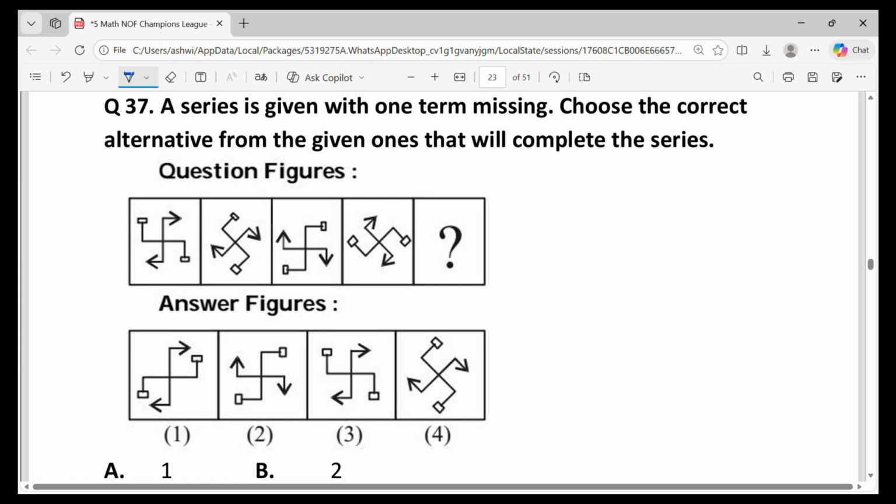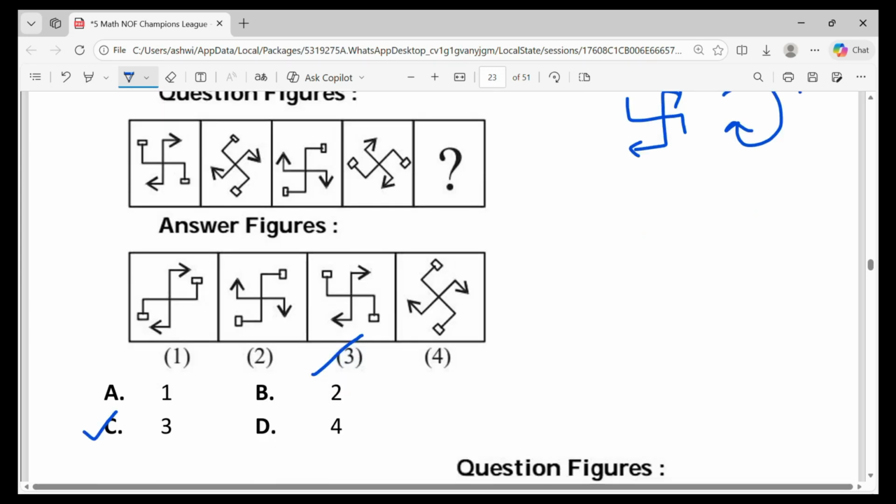In the given question figures, we can see that the series is just a symbol that is rotating in a clockwise direction at 45 degrees. So the next figure will be similar to figure 1, and from the given options we can see it is the third, which is option C, 3.